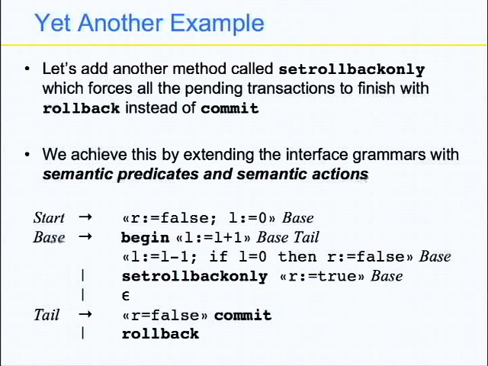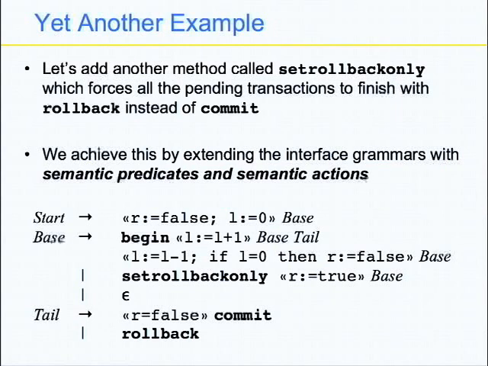When I begin a transaction, I increase the nesting level by 1. And if I complete a transaction after the tail, I decrease the nesting level by 1. And if the nesting level is 0, then I reset the rollback status to false. If I see the setrollbackonly call, I set the rollback status to true. After that, I will only allow rollback, OK?